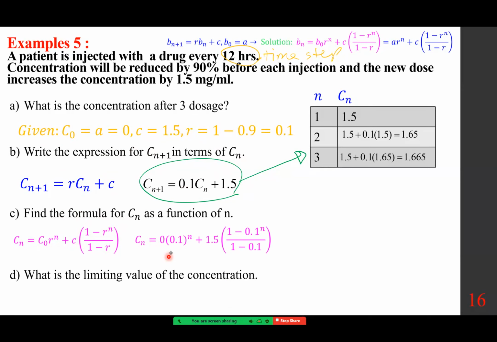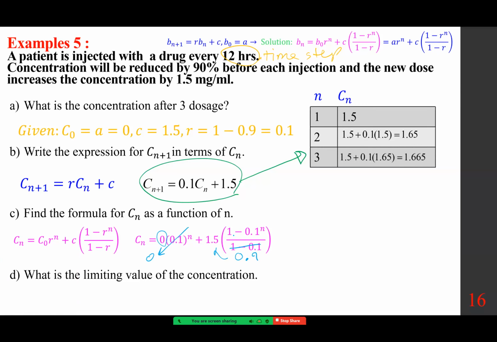Now, clearly, this is 0, so the whole thing goes to 0 here. This is 1 minus 0.1 or 0.9.